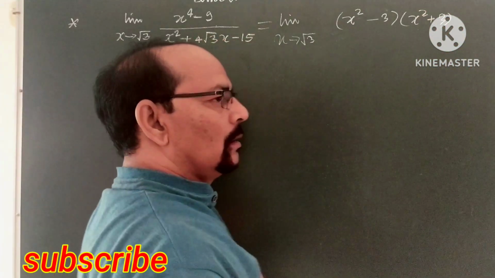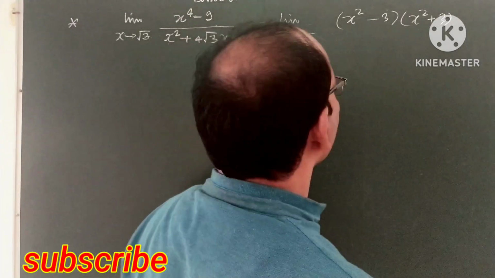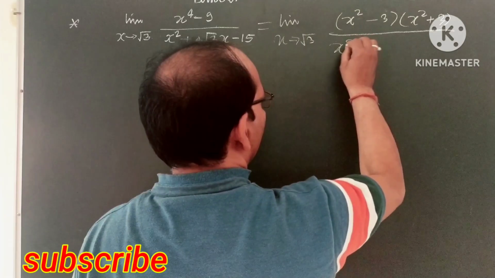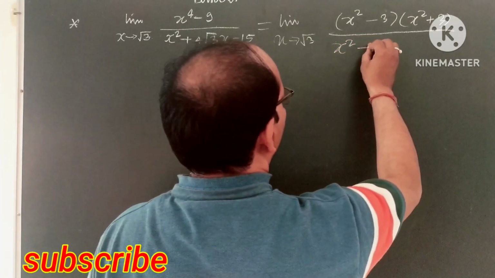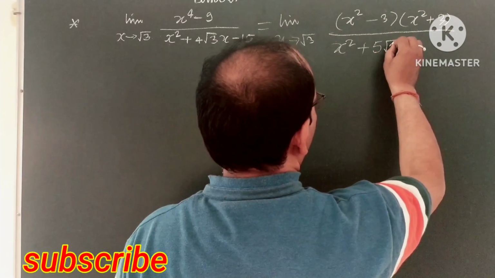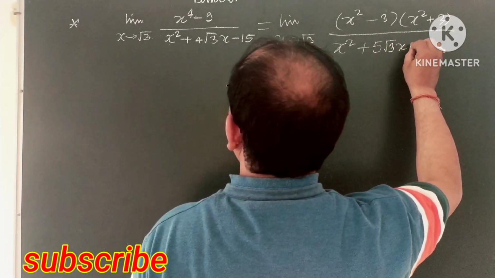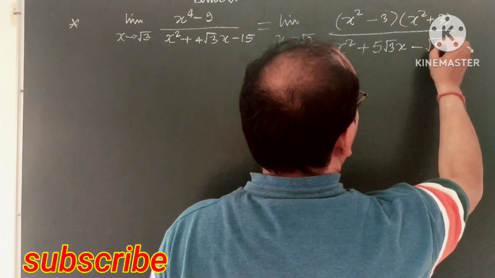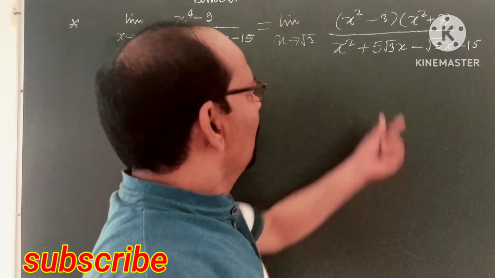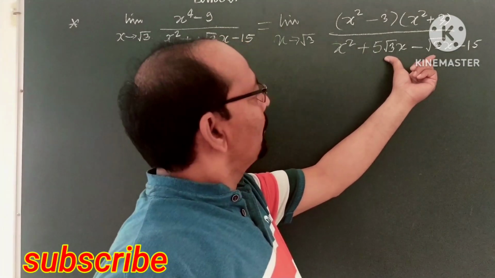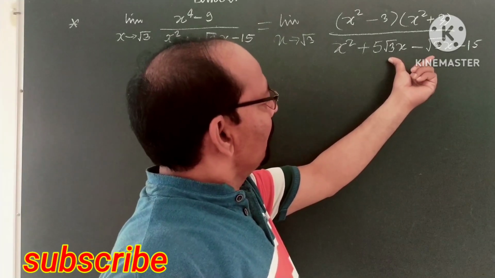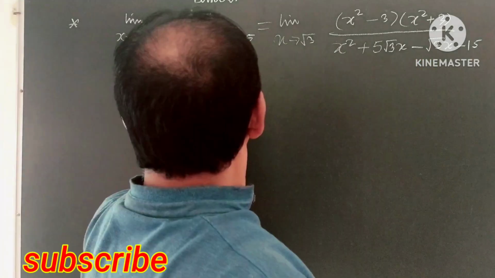Use here a plus b, a minus b formula for this, and there will be the middle term splitting formula plus 5 root 3 x minus root 3 x minus 15. If this is multiplied it will be minus 15 x square, and if we sum it, it will be plus 4 root 3 x.